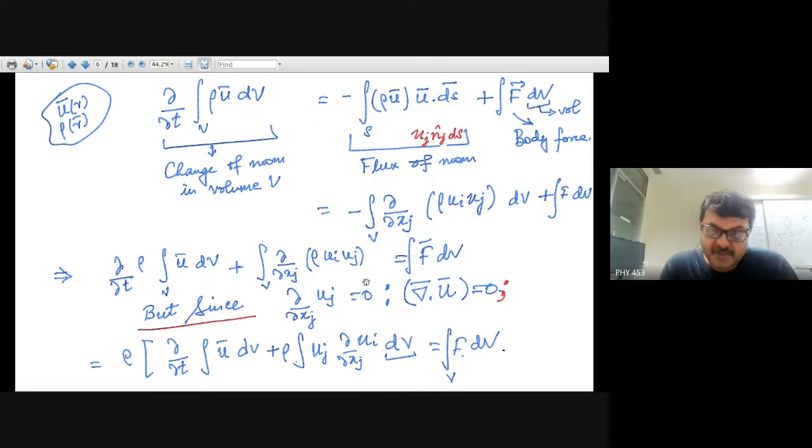And then when you make this operator act on these terms, this will give 0, and what you will have is u_j del/del x_j u_i. Note j is repeated, which means there's a dot product.